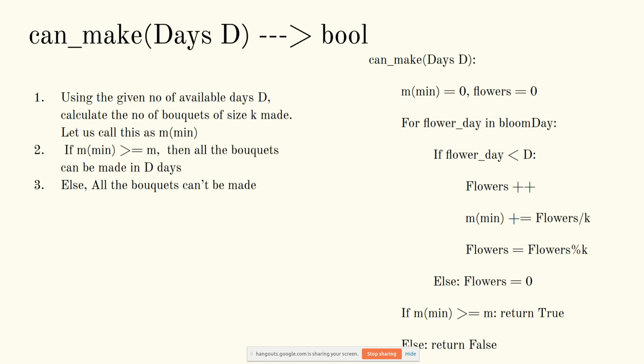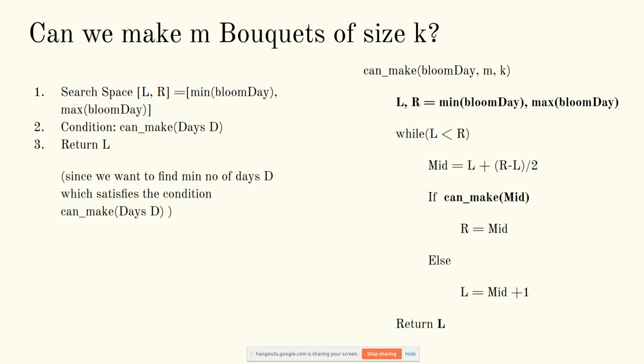Once we have finished processing all the flowers, we compare mMin with our parameter M, and if it meets or exceeds it, we return true, else false. So our problem is, can we make M bouquets of size K? We have the search space defined, which is L equal to the minimum of bloom day, R equal to the max of bloom day.